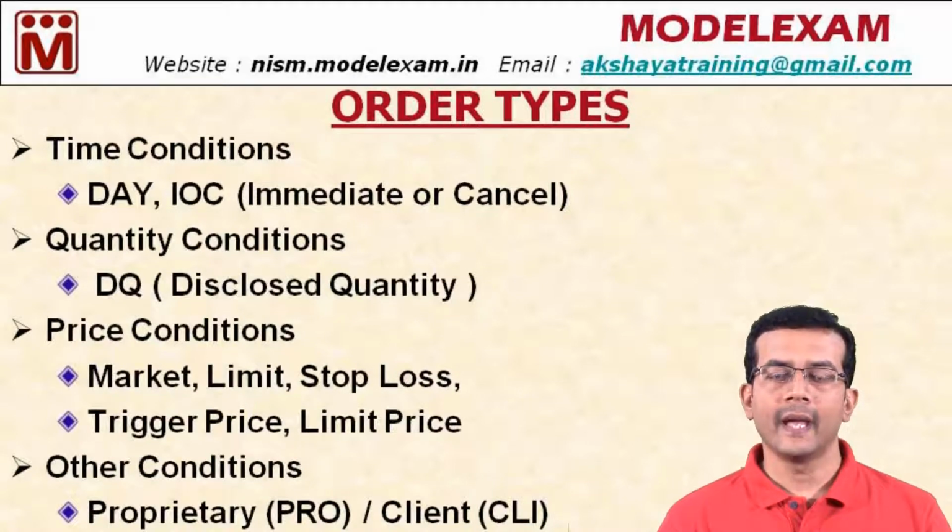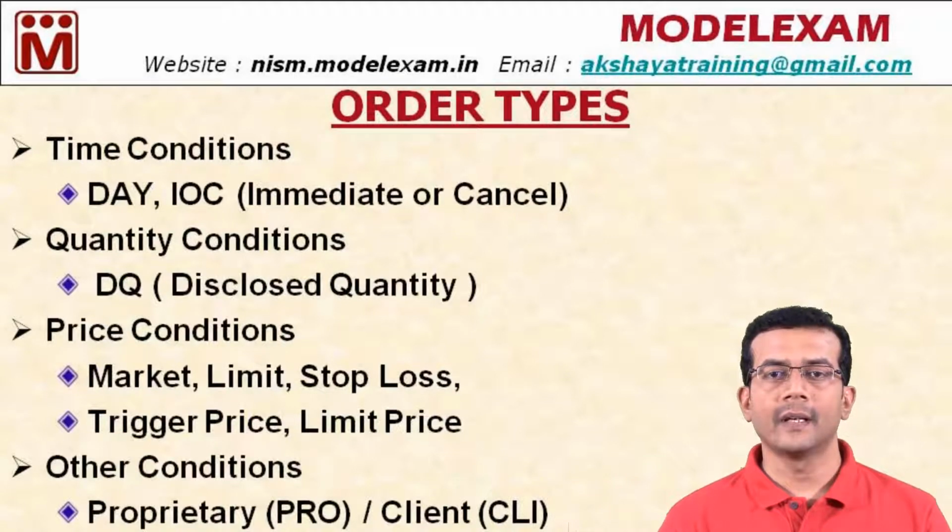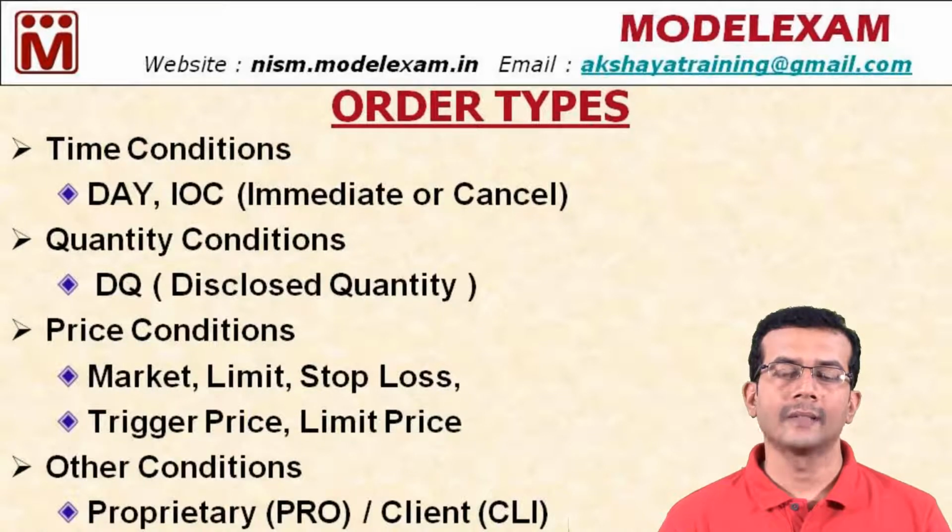It is getting a match only for say 600 shares. The remaining 400 shares will be cancelled. Only the 600 shares will be matched and it will be registered as a trade. The remaining 400, that part of the order, will be cancelled. So that is called an immediate or cancel order, or IOC order.